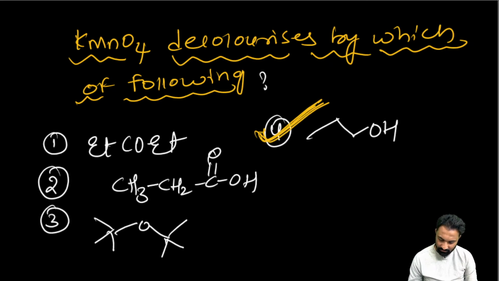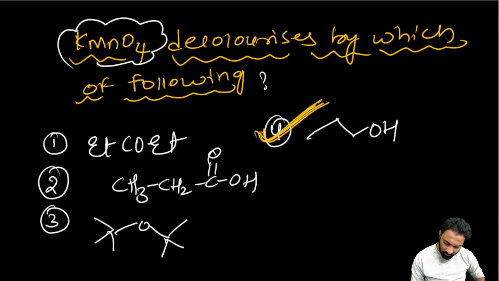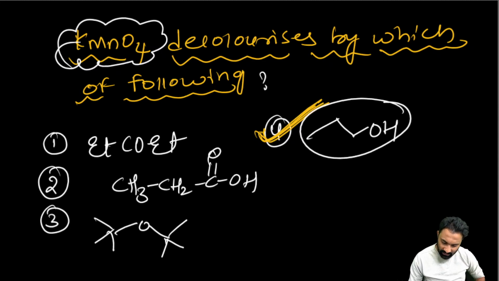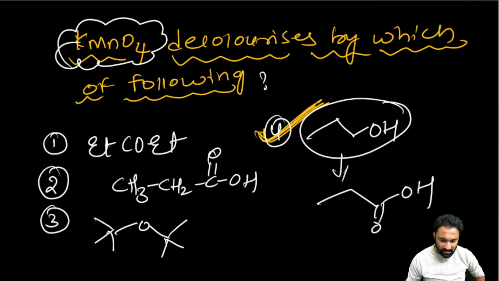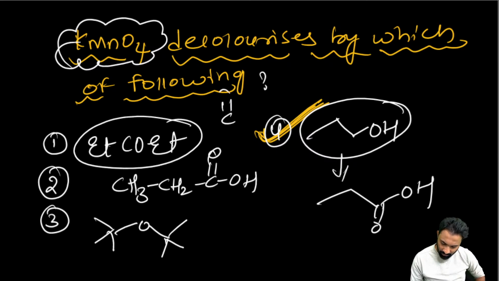See, indirectly he is asking: we know KMnO4 will readily react with a 1 degree alcohol to make it into the carboxylic acid, right? Will KMnO4 react with the ketone functional group? There is no acidic hydrogen.